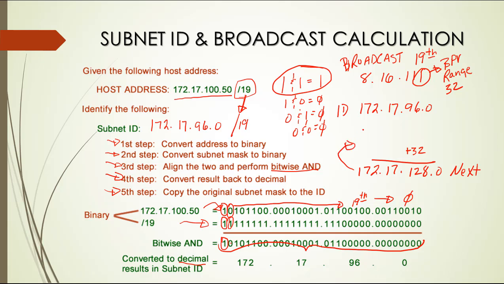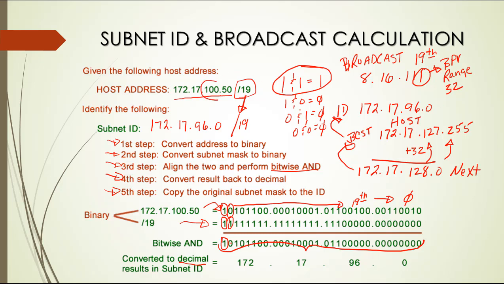But that makes it possible for us to work backwards. 172.17, if we take 1 away from the 128, that's 127, and then 1 away from all the octets beyond that, so 1 away from 0 would be back to 255. That's the broadcast of this ID, and everything else in between are host addresses, right?